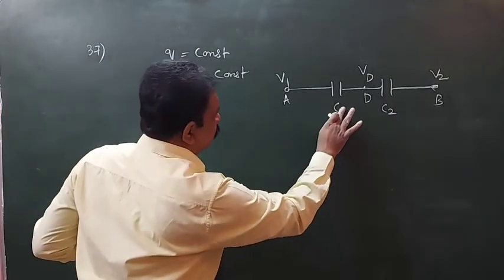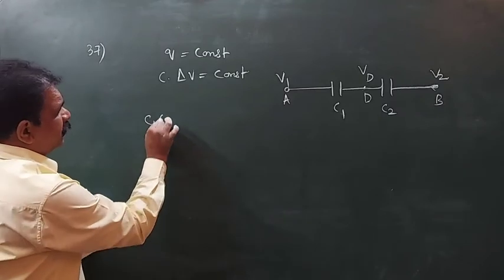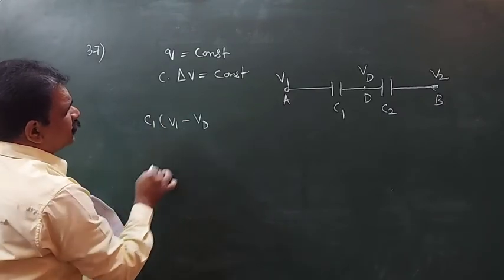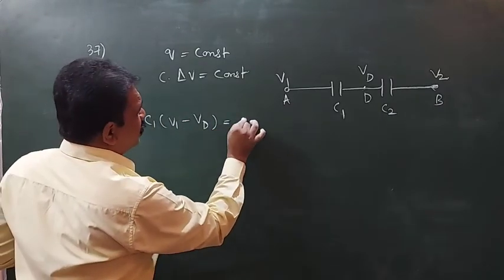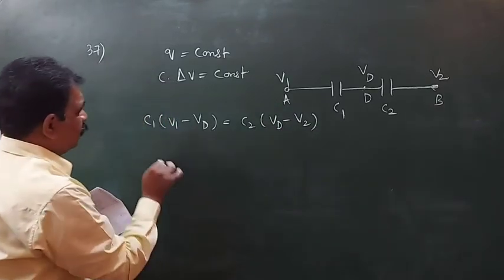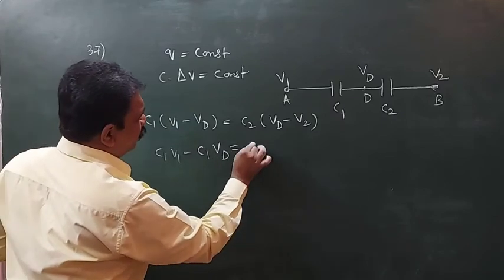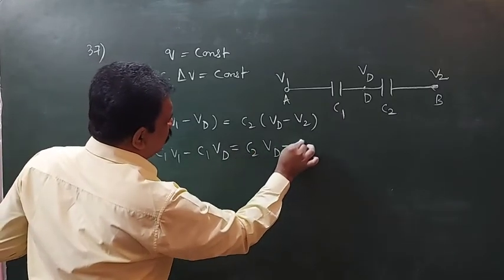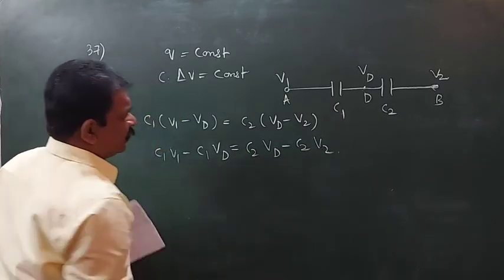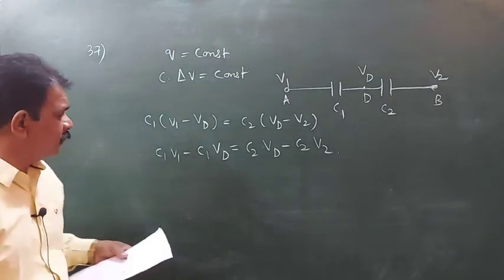This is C1. So C1 into V1 minus Vd equals C2 into Vd minus V2. This is C1 V1 minus C1 Vd equals C2 Vd minus C2 V2. Bring this term to this side, this one to this side.